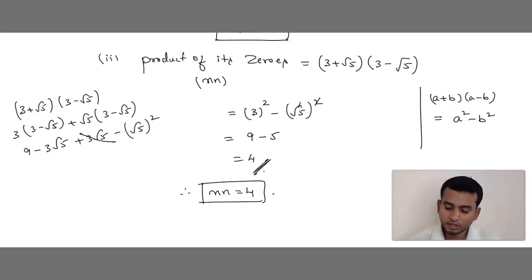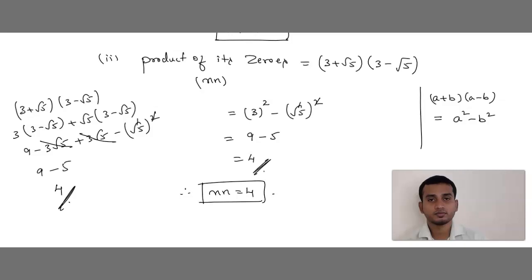Now we can see plus 3 root 5 minus 3 root 5 get cancelled, 9 minus square and square root get cancelled, 5. 9 minus 5 is 4. Yes, this is the method. If you know the identities, see the number of steps, it's so simple. That is the advantage of remembering the identities. These are nothing but conditional identities. If you don't know identities, then you have to follow this method. If you know the identities, then you can follow the other method. It's so simple, right?